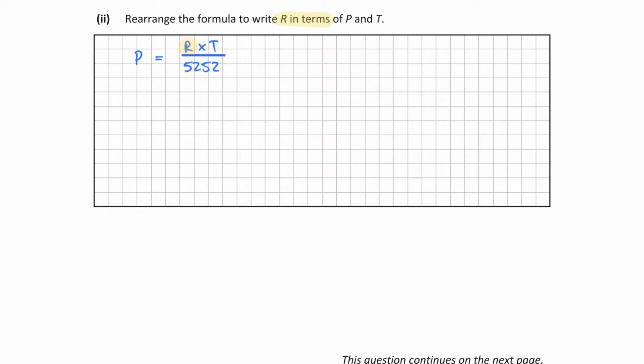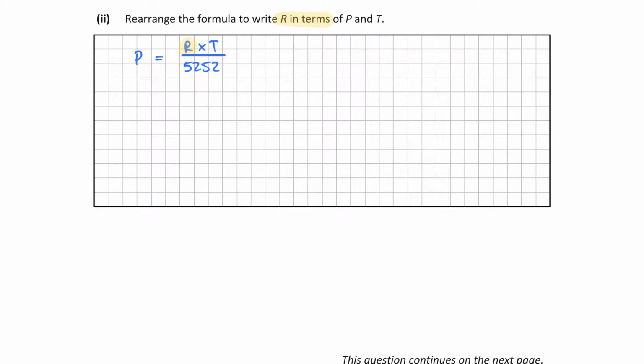Okay, so at the minute we can see that we've got a numerator and a denominator. So we have a fraction equal to something. If we want to get rid of the fraction, which obviously we do, what we need to do is, you can see here, this R times T, at the minute, that's been divided by 5,252. So to get rid of that fraction, I do the opposite and I multiply both sides by 5,252.